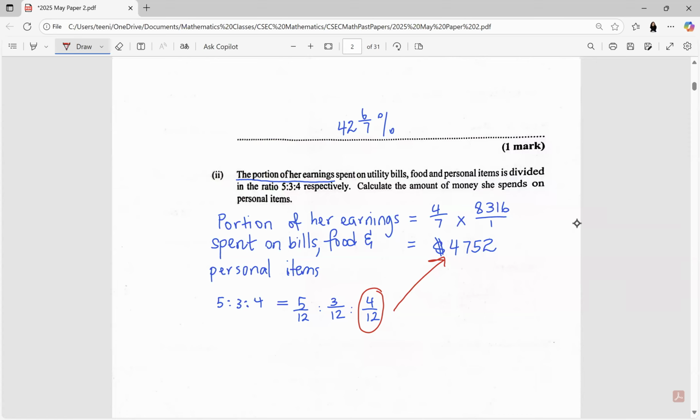So we do 4/12 of 4,752, and that would give us our answer. So y'all work it out and tell me what you get. 4/12, which is the same as 1/3, sorry, of 4,752.